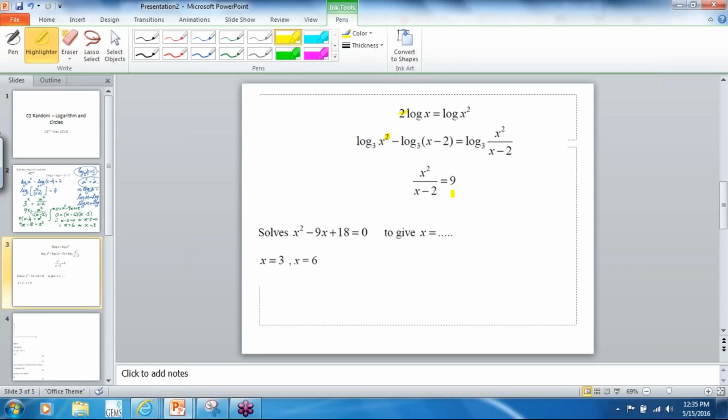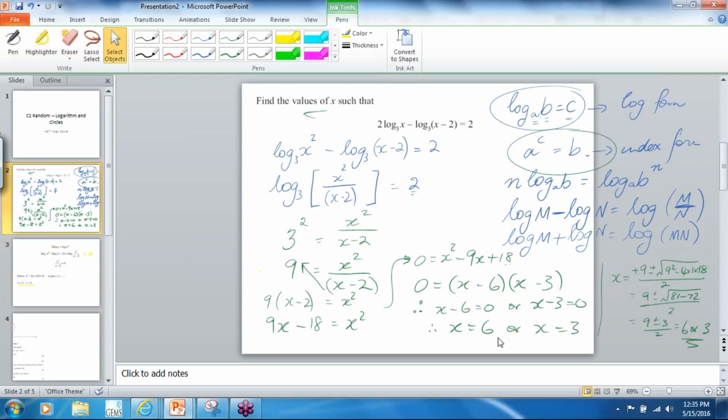This is now saying 3 squared equals, and 3 squared is 9. And they've got x is 3, x is 6. So we're okay. Alright, so that's a log question.